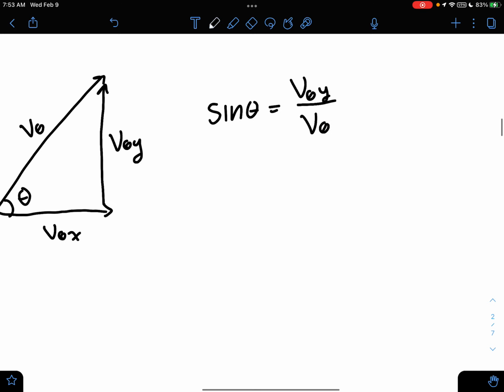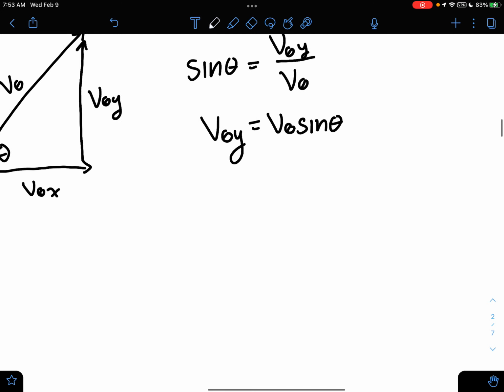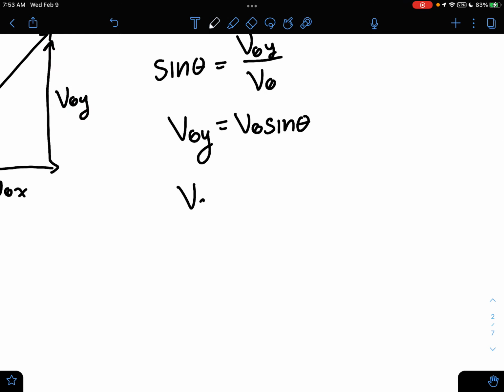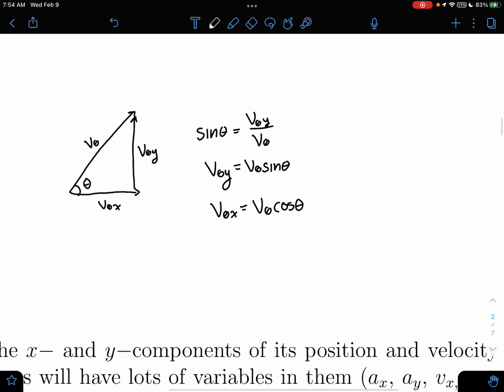So if we multiply both sides by V naught, we get V naught Y is V naught sine theta. We follow a similar thing when we're solving for our V naught X. Cosine is adjacent over hypotenuse, and we multiply by the hypotenuse. We're going to get V naught X is V naught cosine theta. So now we have that in terms of things we're solving for and things that we know.